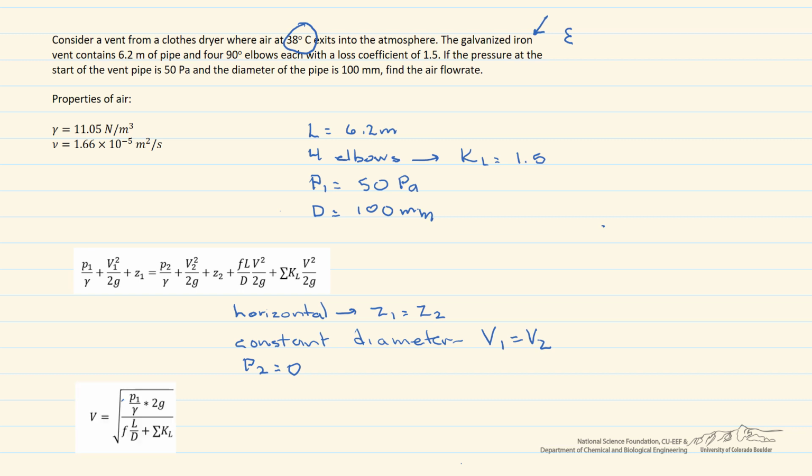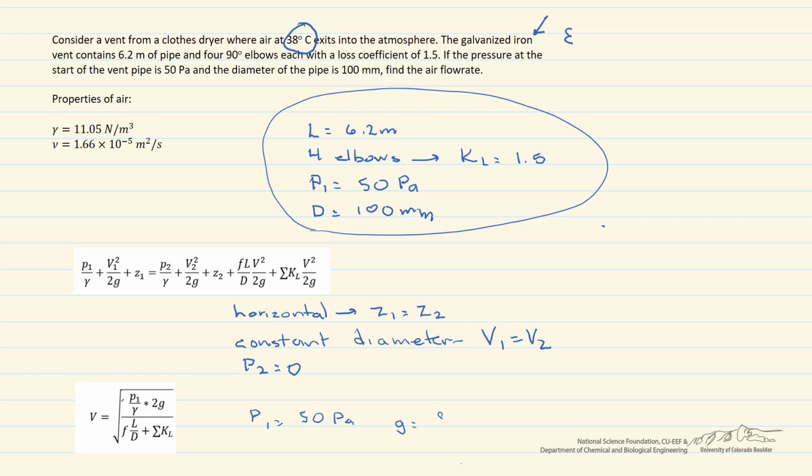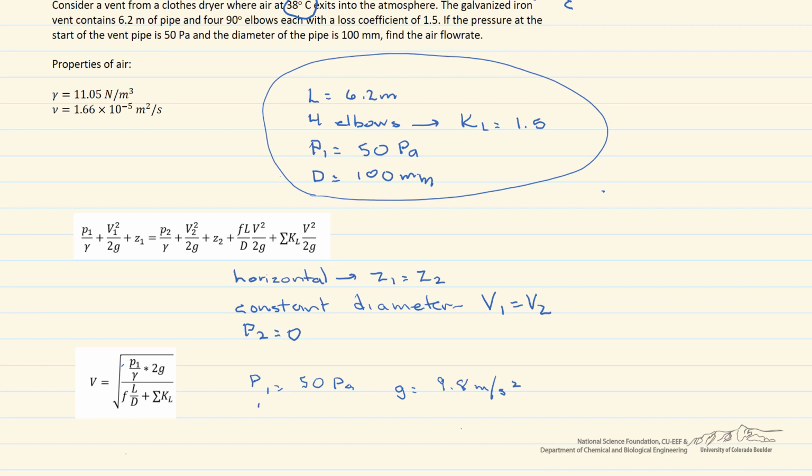Here our P1, as shown before, is equal to our 50 pascals. Everything else for the equation is given here, except remember that our gravity is 9.8 meters per second squared. So our sum of our loss coefficients is going to be equal to 4 times 1.5, which is equal to 6.